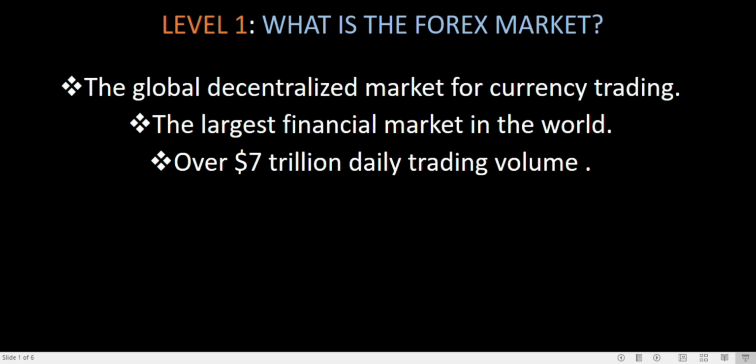So after the class, I would like us to research everything that we are learning today, so you can have a larger knowledge of what we've talked about. So, as I said, over 7 trillion daily trading volume is carried out in the forex market, the largest financial market in the world. You understand? So, that is it.